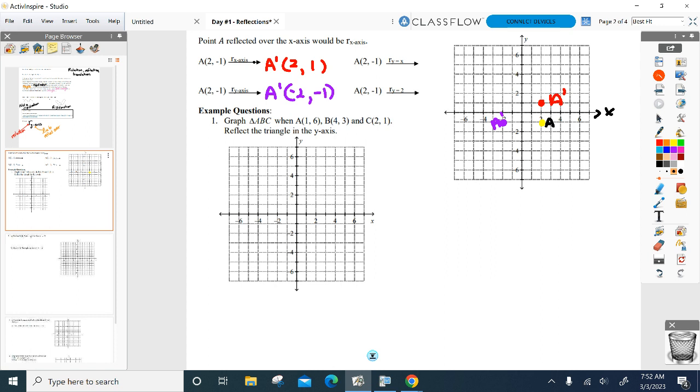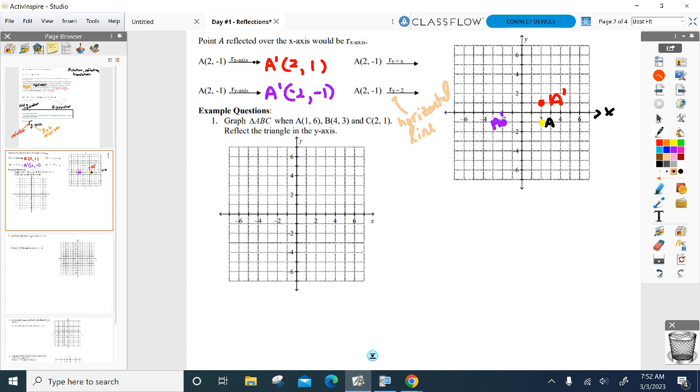Anything so far about the basic ones before I get a little bit more tricky? All right, I'm going to go to the bottom right now before I go to the one on top. So now let's go back to (2, -1), reflect over y equals 2. We have to start knowing what that line looks like. Anytime it's y equals a number, this is going to be a horizontal line.